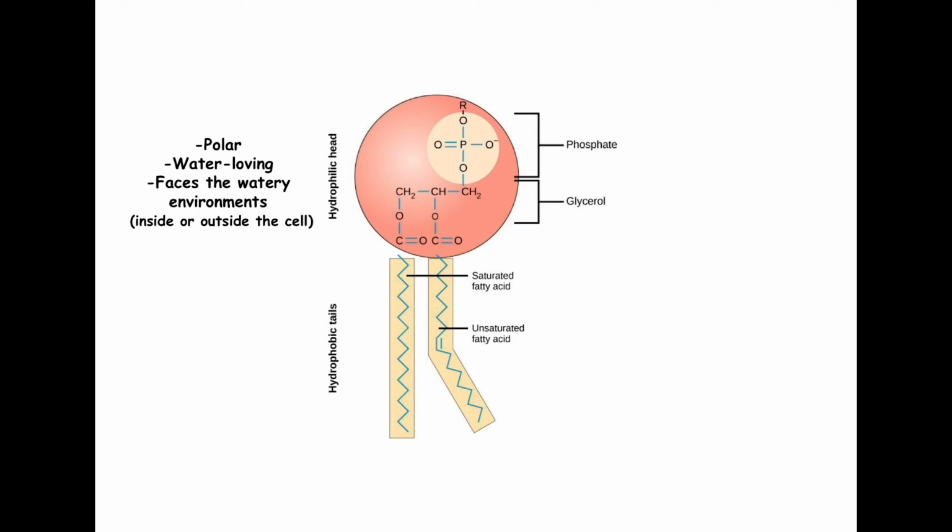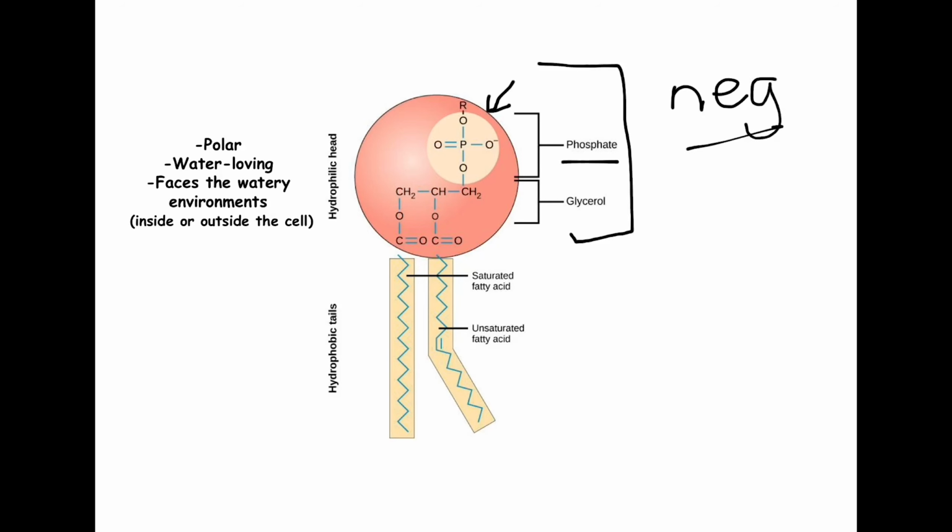If we look a little bit closely at the phospholipid, the head of the phospholipid is charged. The reason it has a charge is because of the phosphate group that is present. The phosphate group is PO4 with a negative charge. Negative charge, that's important for you to know.